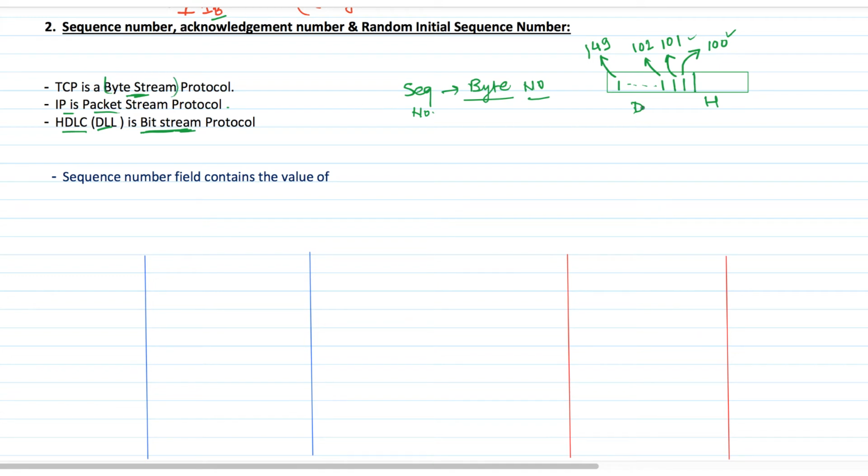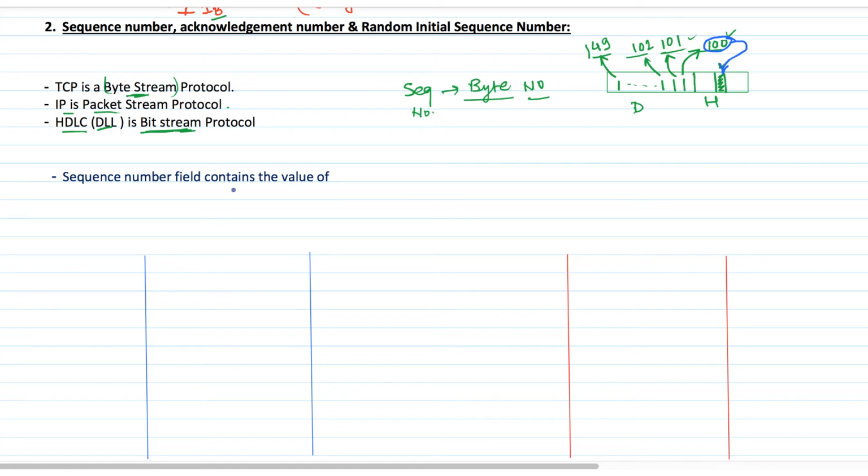But now the question is that in this header we have a 32-bit sequence number field. So are we going to mention all these byte numbers at this place? Can we store all these sequence numbers in the sequence number field? No. Always remember that the sequence number field is going to store the value of the starting data byte only, means only this 100 will be stored here in the sequence number field.